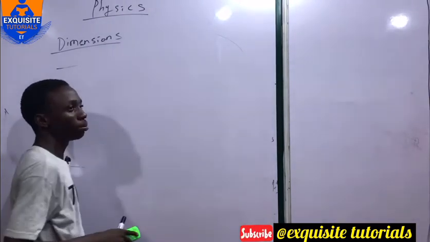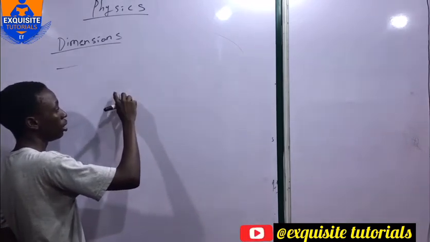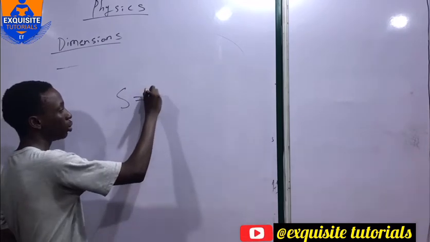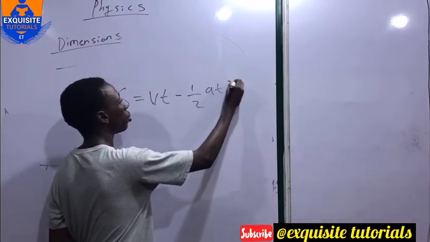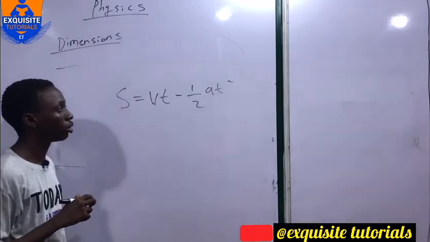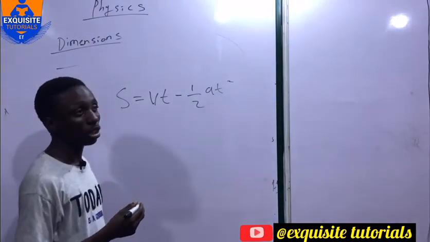Now let's prove if this equation is correct. S is equal to Vt minus 1 over 2 At square. You guys should try it by pausing this video and trying it.